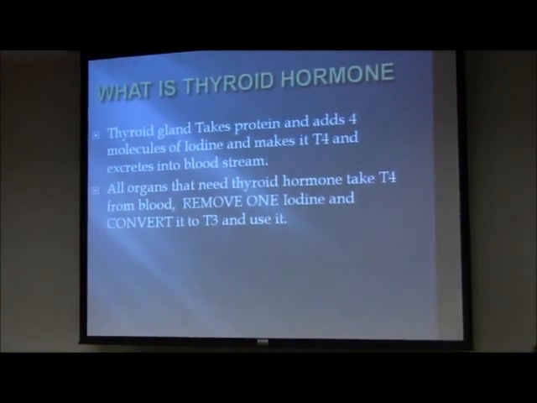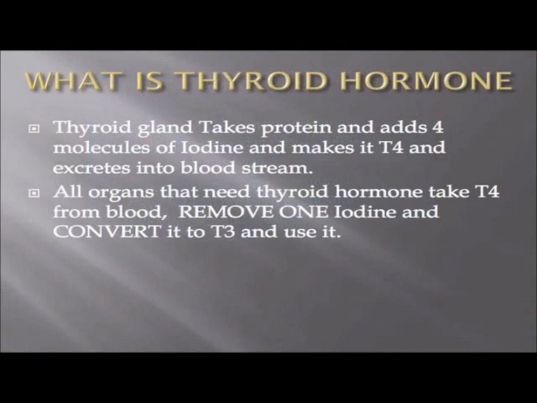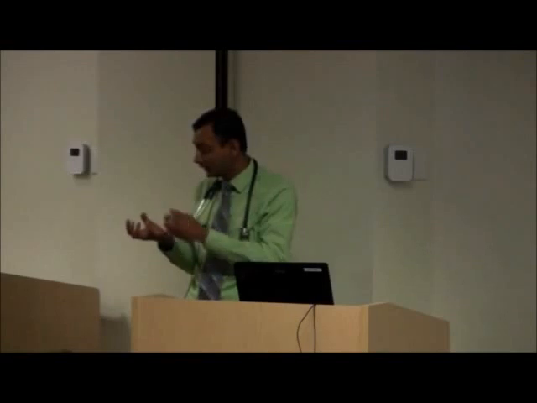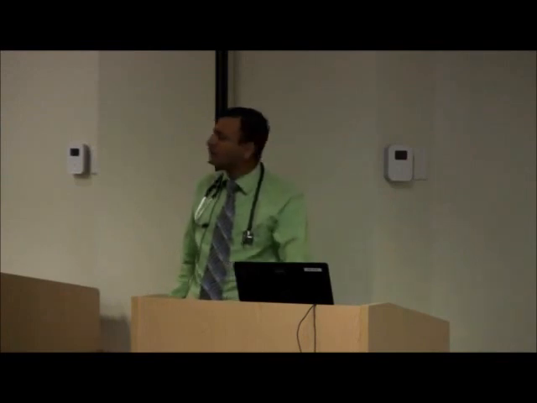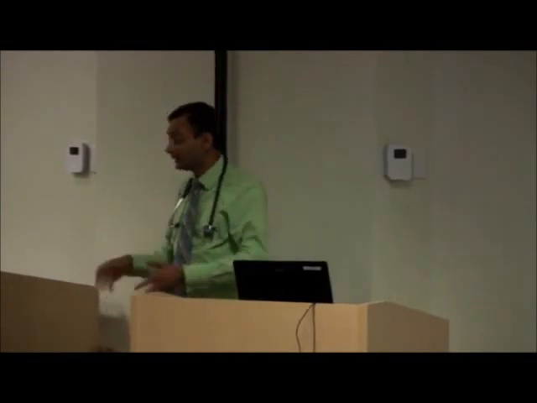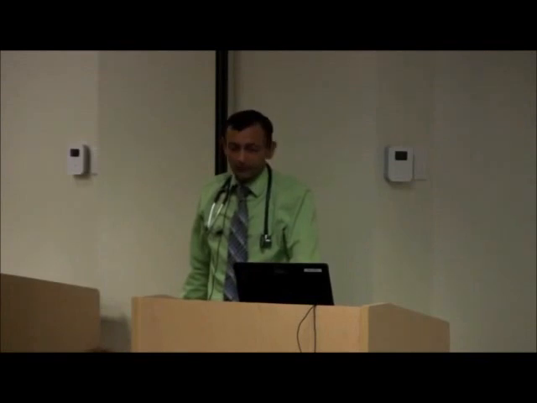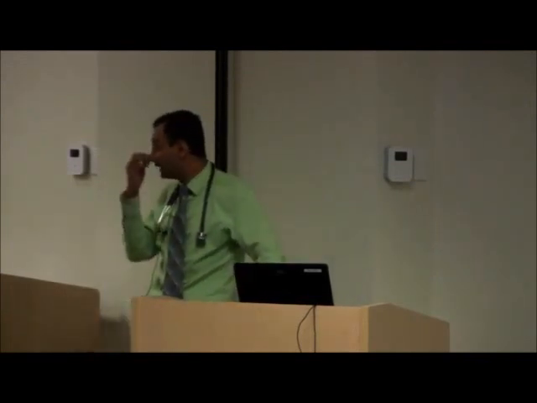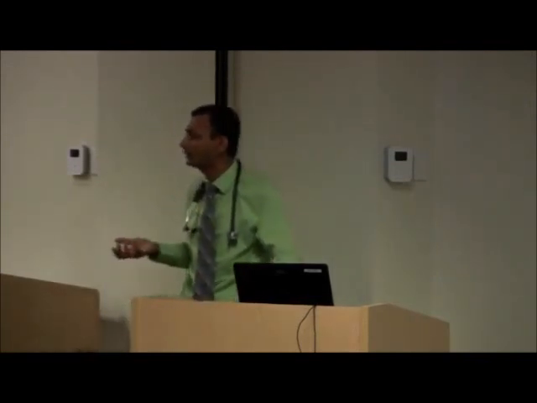Now, all organs need thyroid hormone. And when the organs need thyroid hormone, they take up T4, remove that iodine, convert it into T3, and use it. So that's how it works. Now, you might wonder, why does it have to be so complicated? Why doesn't the thyroid just secrete T3 for the tissues to use? But T3 is unstable, and the half-life of T3 is very short.